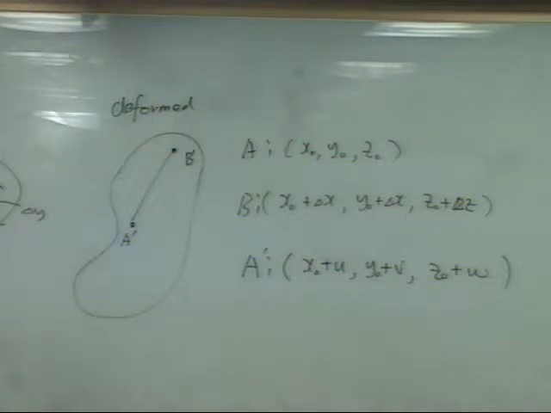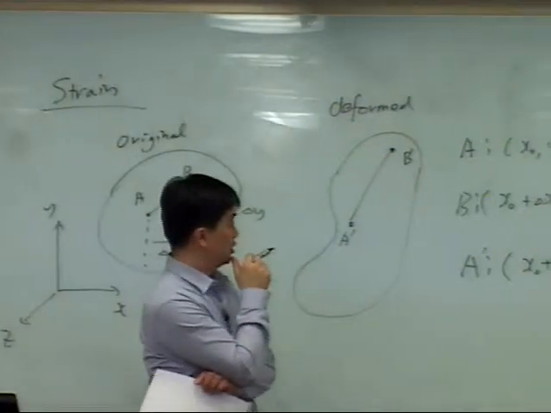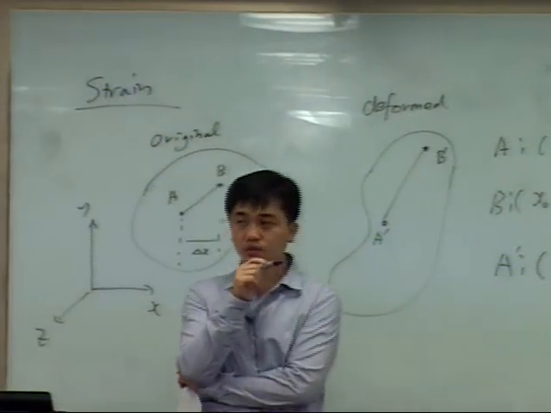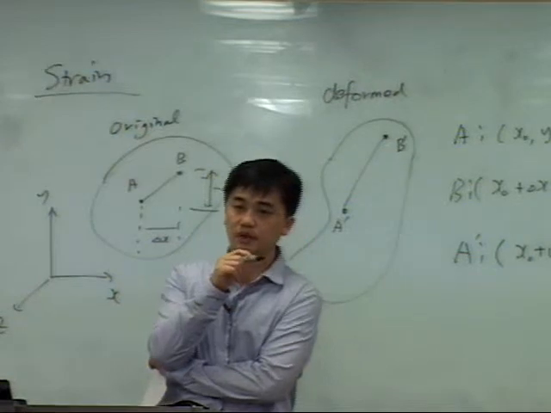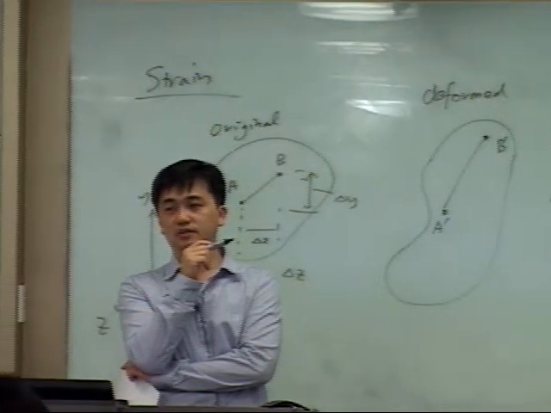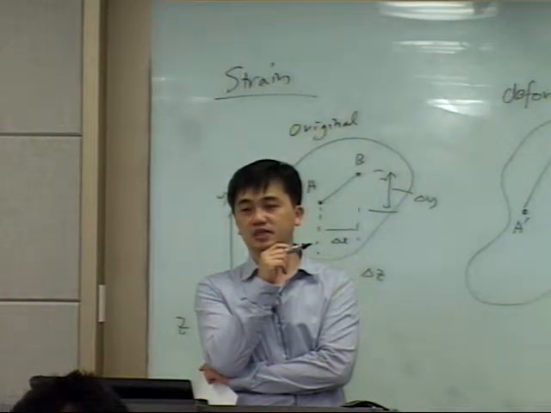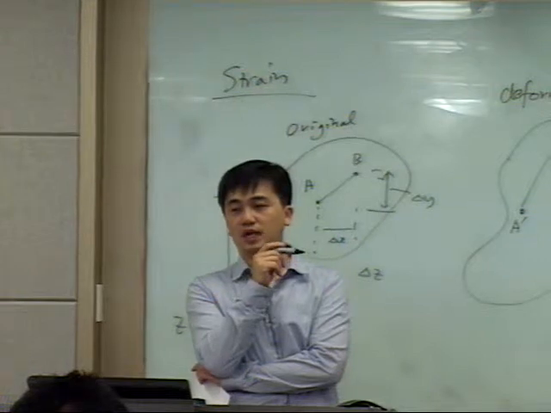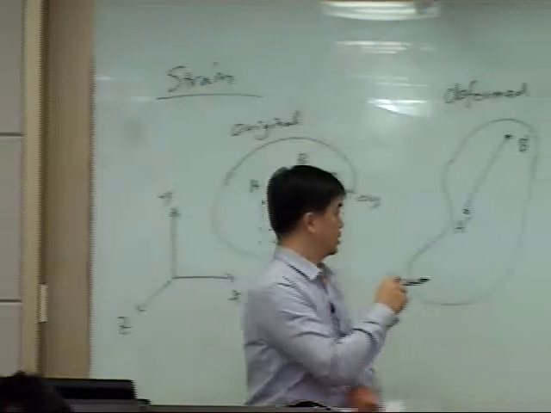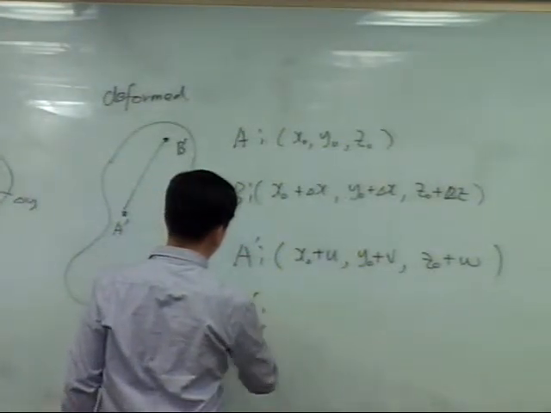Let's say the displacement of point A in the x direction is u, the displacement of A in the y direction is v, and w is the displacement in the z direction of point A. Okay? Everything clear, right? Then B dash.